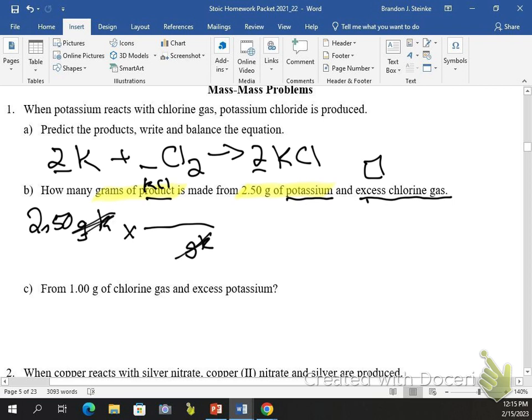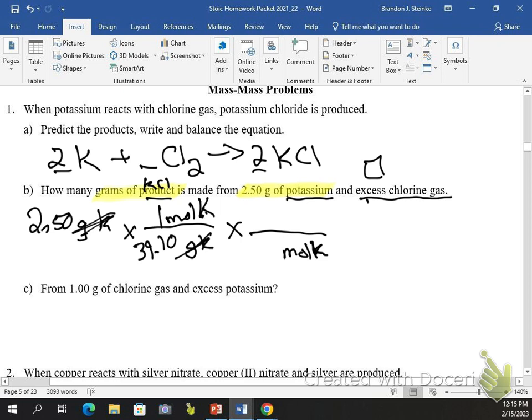But what can I turn grams of potassium into? Moles. So 1 mole of potassium. Well, what number goes on the bottom? 39.1, the molar mass of potassium, which is 39 point what? 10. Oops. So now I'm in moles of potassium, but that's not where I want to be. So I know I need to get out of it for sure.